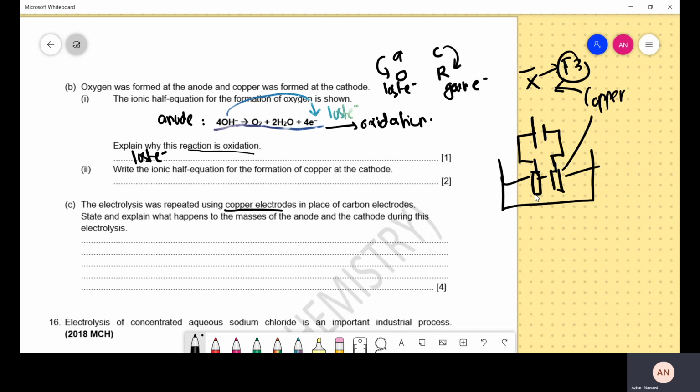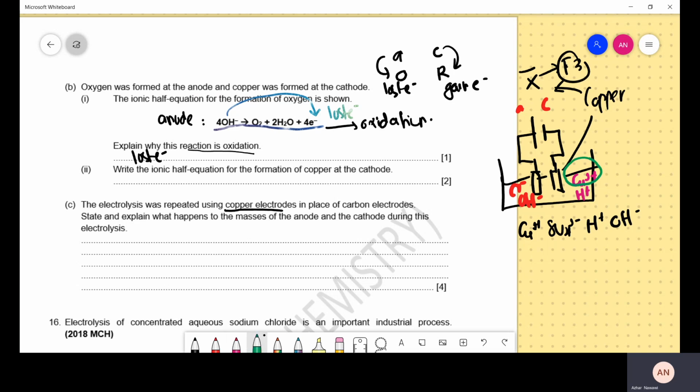You still have copper sulfate; the electrolyte did not change. So write down the ions: Cu2+, SO4 2-, H+, OH-. Always do these steps, it will help you a lot. At the anode, the ions that come are SO4 2- and OH-. At the cathode, Cu2+ and H+ come, and you choose Cu2+.